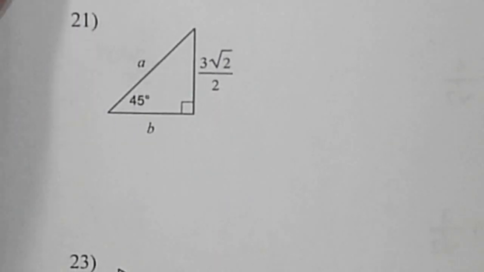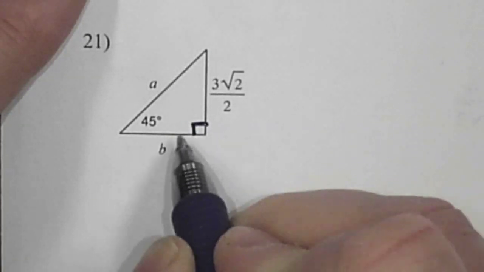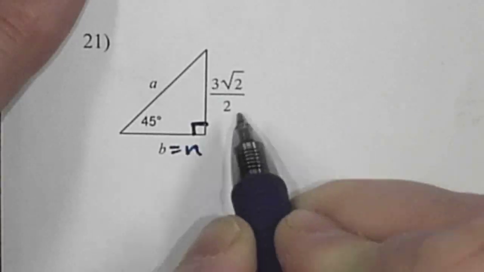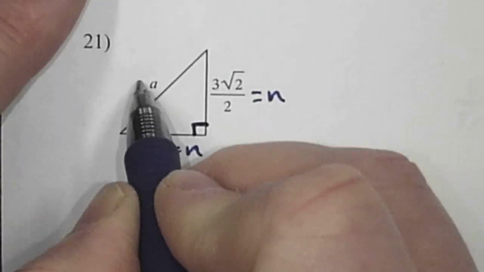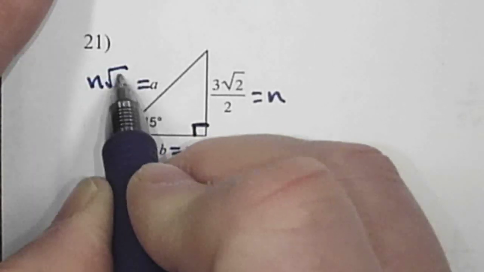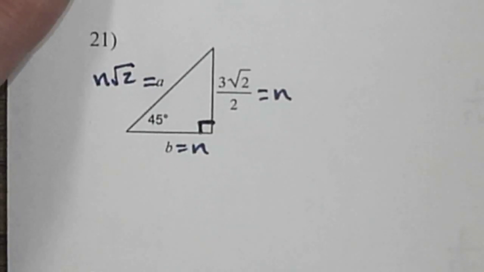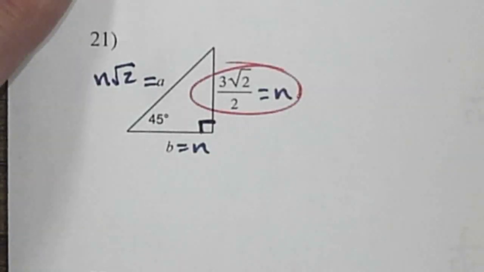What about this one? Now I'll go back to using n's instead of x's. The two sides that form the right angle are both n. The hypotenuse opposite the right angle is n square root 2. Well, again, right here, I know what n is.